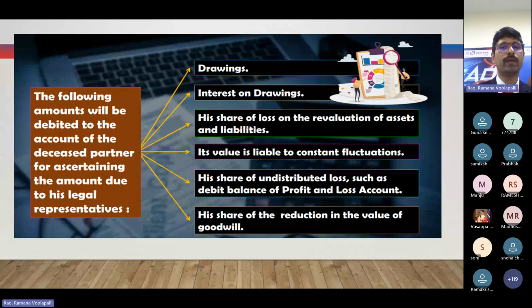Interest on drawings, his share of loss on the revaluation of assets and liabilities, since its value is liable to constant fluctuation, his share of undistributed losses such as the debit balance of the profit and loss account, and his share of the reduction in the value of the goodwill. These are all the things that need to be debited.